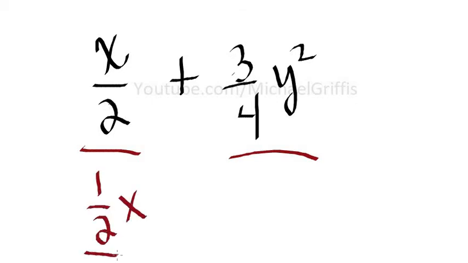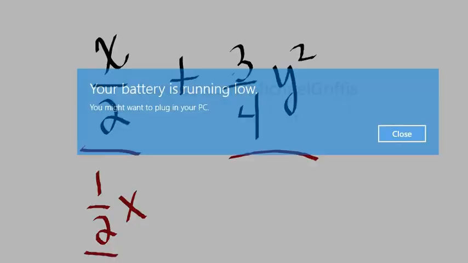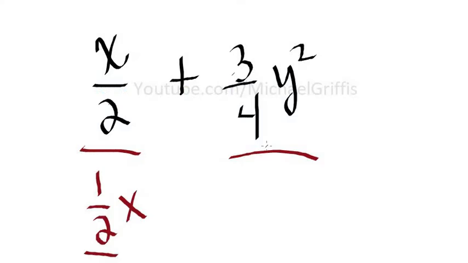So the half is the coefficient, and 3/4 is a coefficient. Battery running low. That scared me. What degree is it? Well, look for the term that has the highest degree, and that's going to be this one here. So this has degree 2.